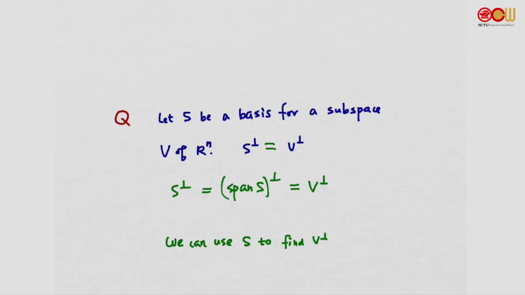Because S is a basis, there are only a finite number of vectors in S. So if we want to find S perp, we only need to find vectors that are orthogonal to the finite number of vectors in S, which is usually an easier job to do.